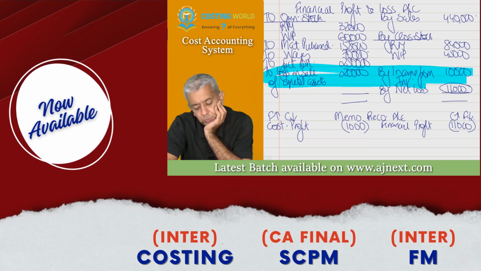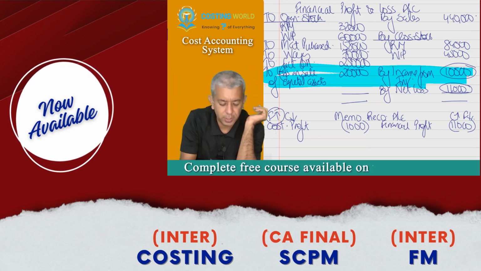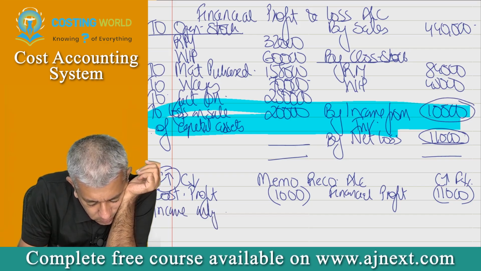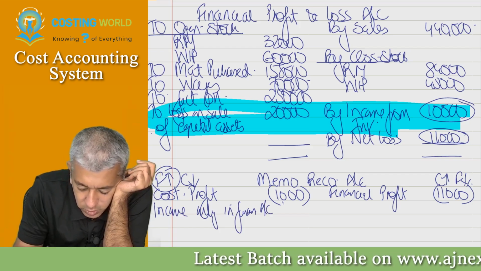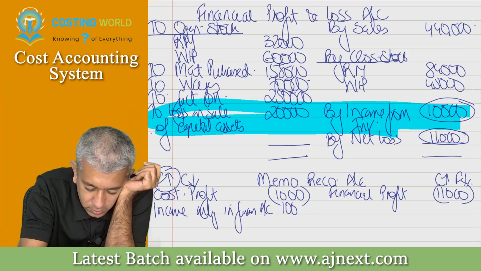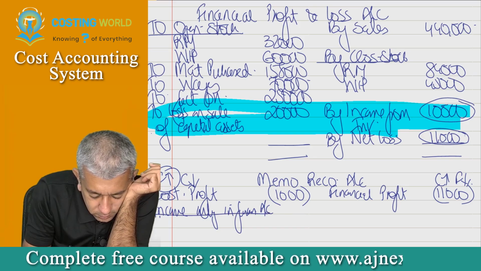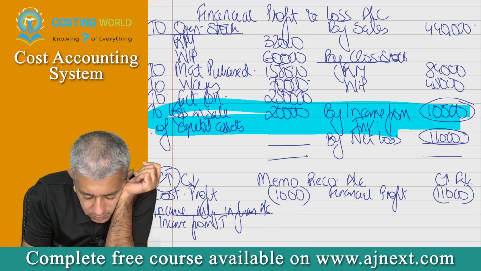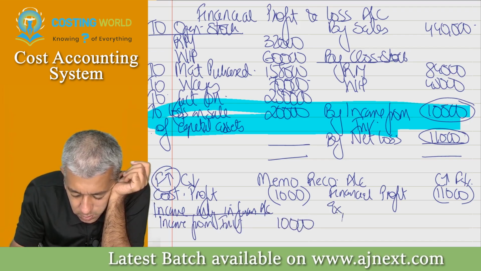So, due to this 10,000, financial profit is higher. You write down over here: income only in financial accounts. I'll underline: income from investments 10,000.